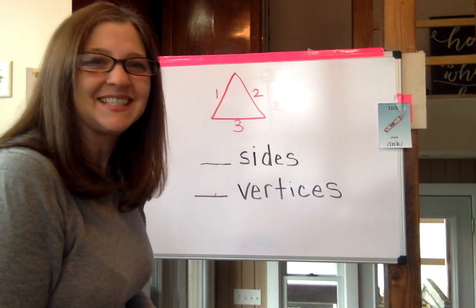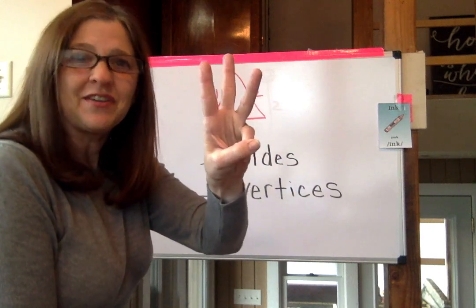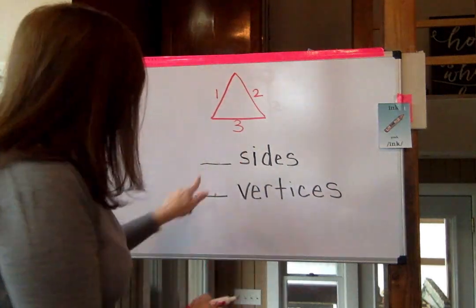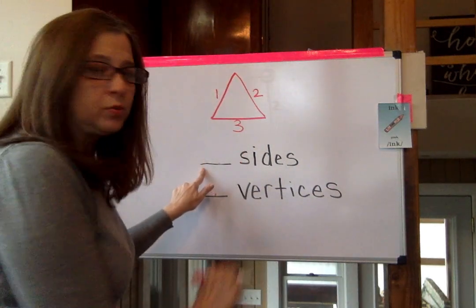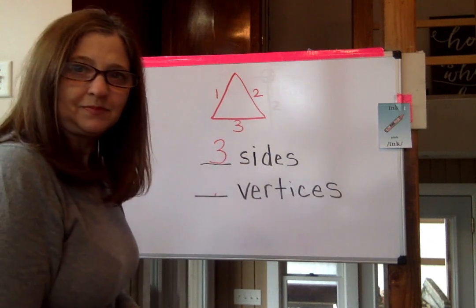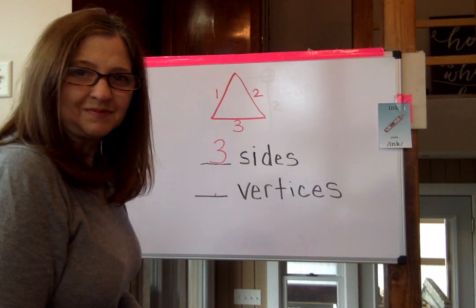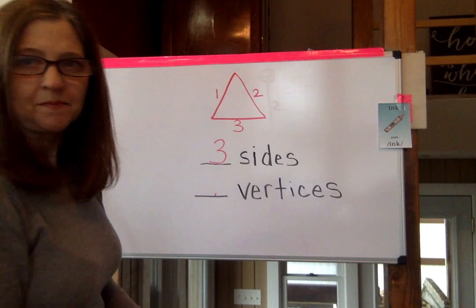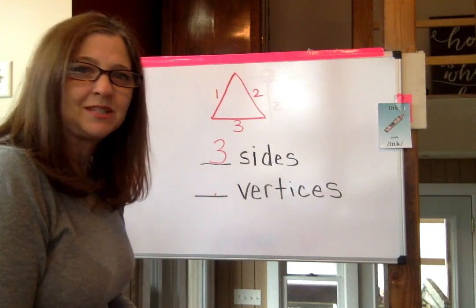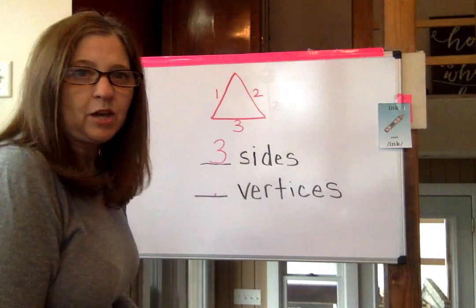Awesome. I see some friends showing me fingers of how many sides a triangle has. You are so smart. Down here on the line, can you write 3 sides? Good job, Colton.